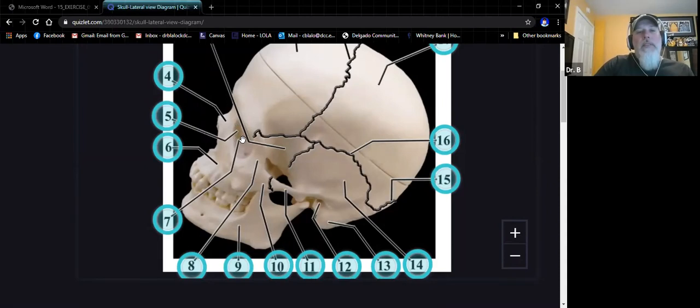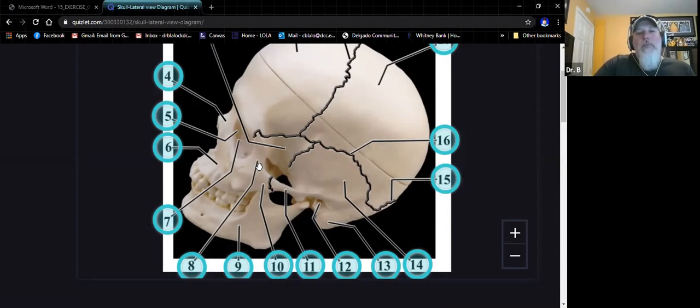And at the base of the lacrimal bone right there is an opening, and that is the lacrimal fossa. This is our upper jawbone, or one of them. That is our maxilla. This is our cheekbone. That is the zygomatic bone.